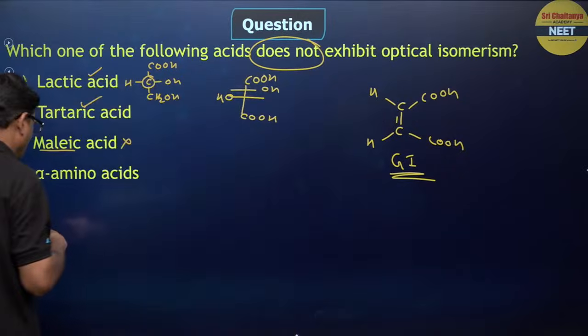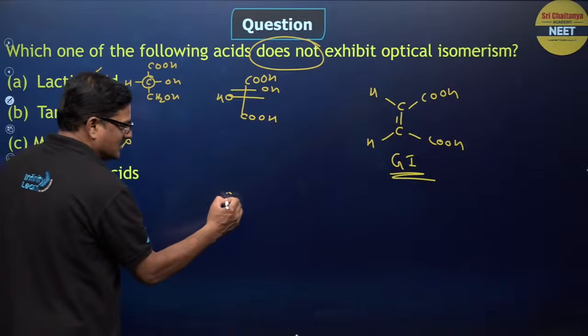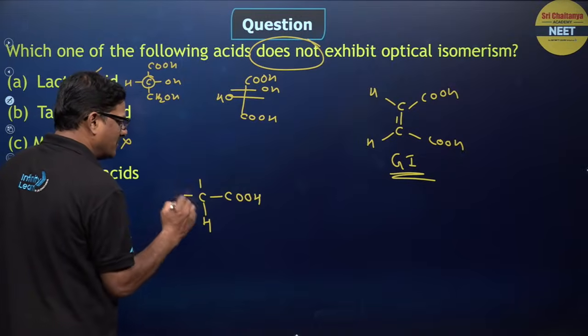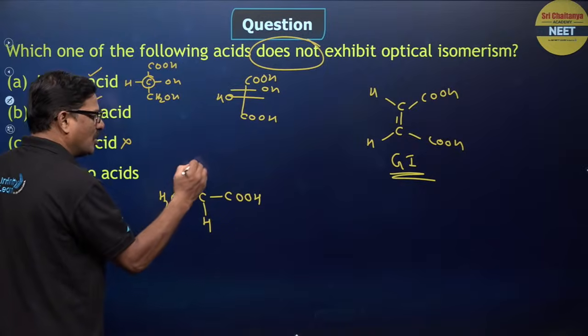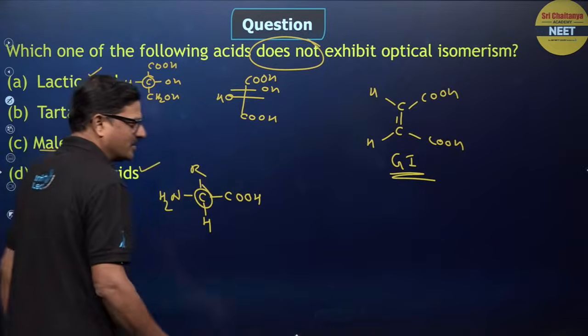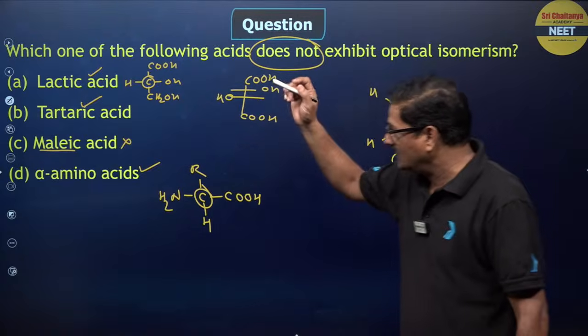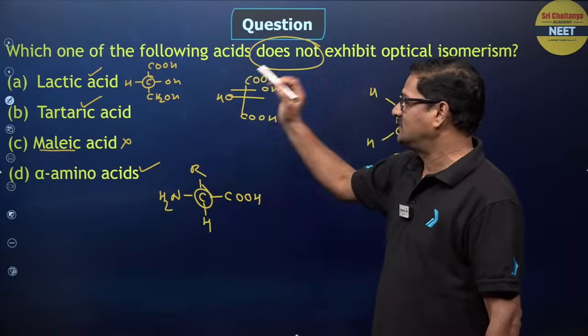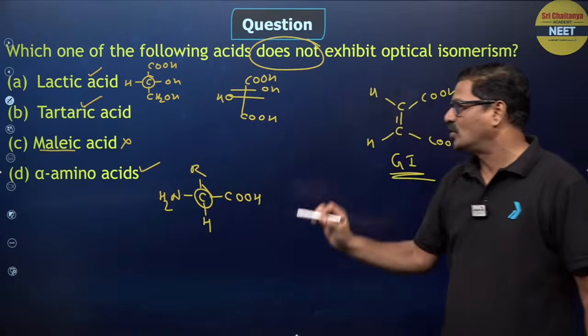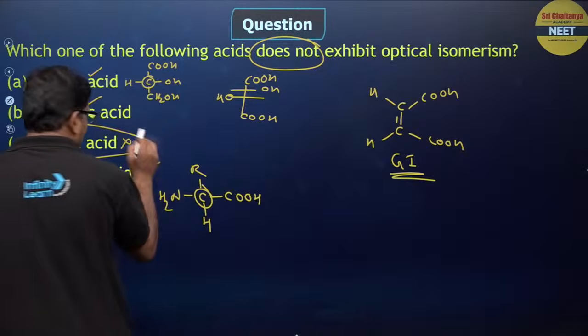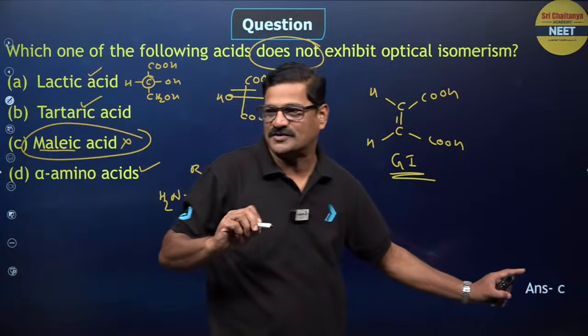And alpha amino acid, COOH and C, and it is going to be R, NH2. So it will show optical isomerism. So in this scenario, lactic acid will show, tartaric acid will show, fumaric acid does not show, and alpha amino acid will show. So my answer for this question is going to be option C.